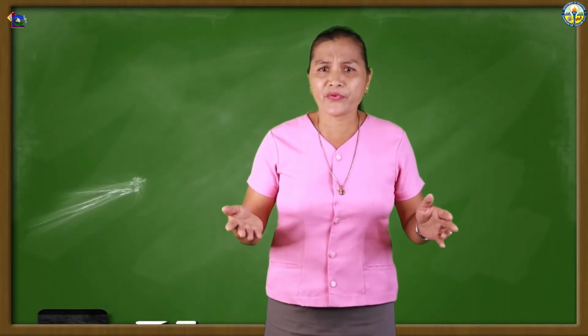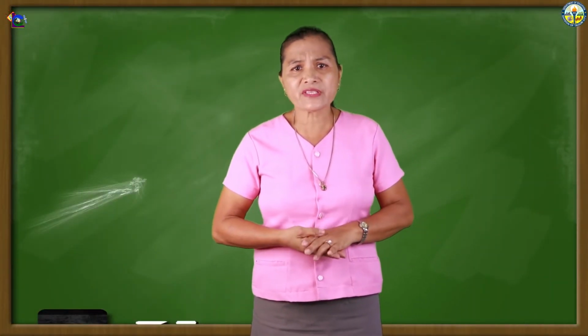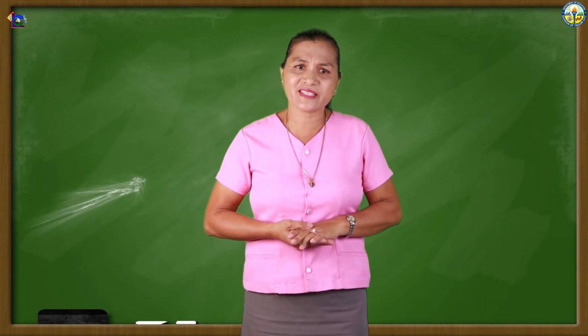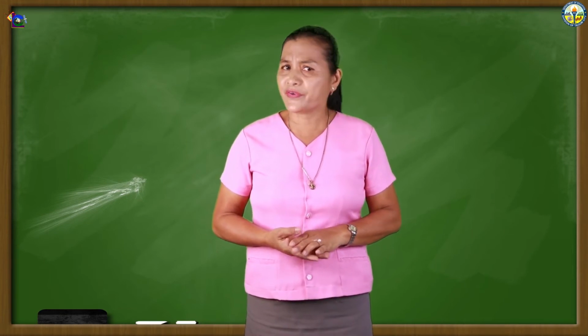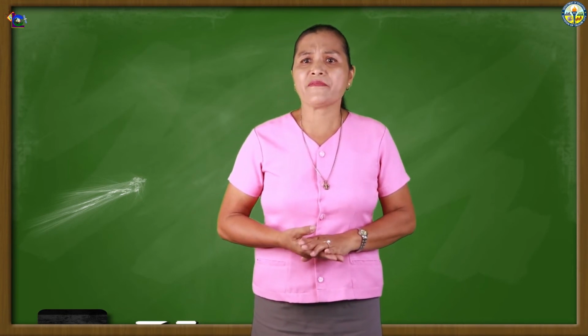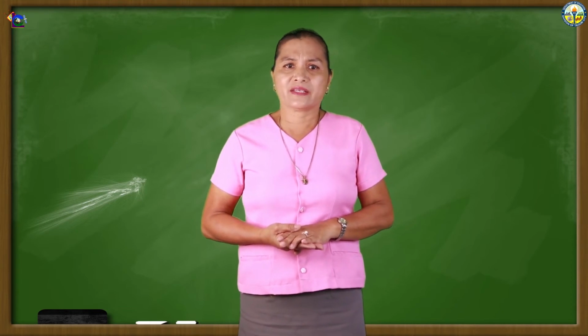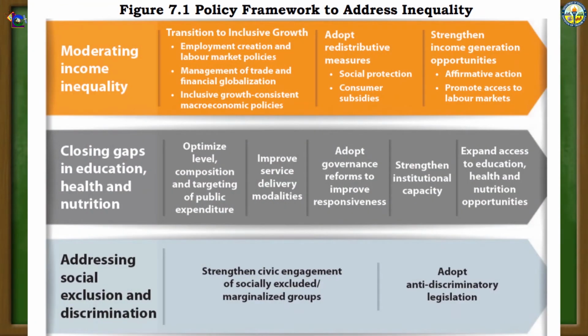Do you have further questions about the two theories of global inequalities? If there is none, let's move a step forward to our lesson. This time, let's get a closer look at Figure 7.1, Policy Framework to Address Inequality.